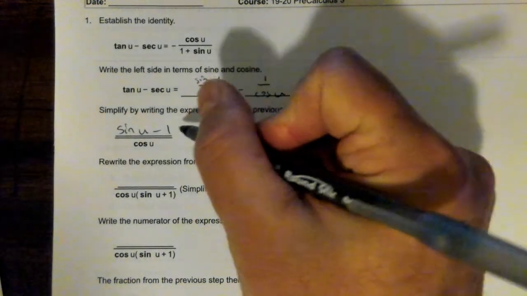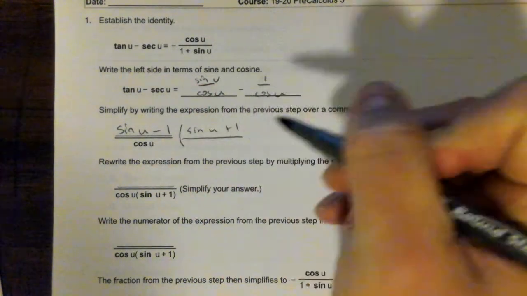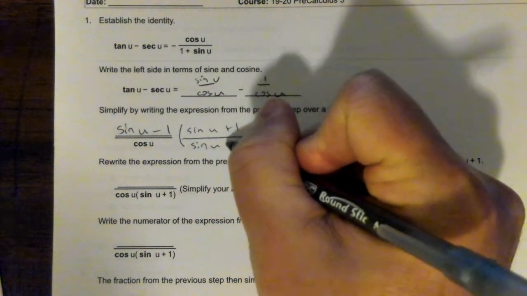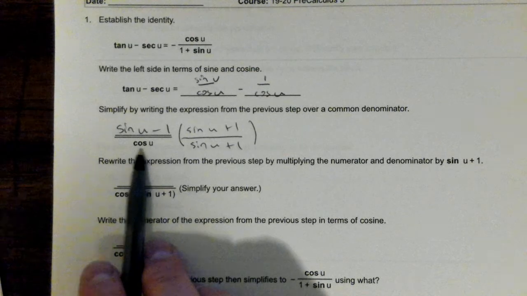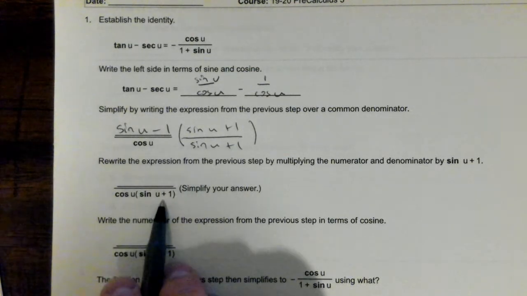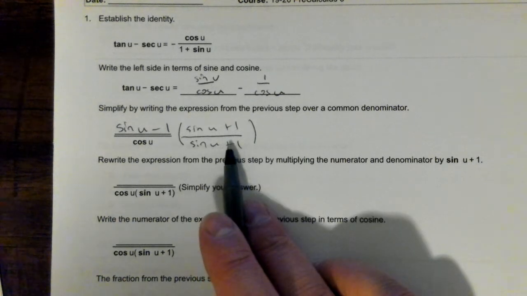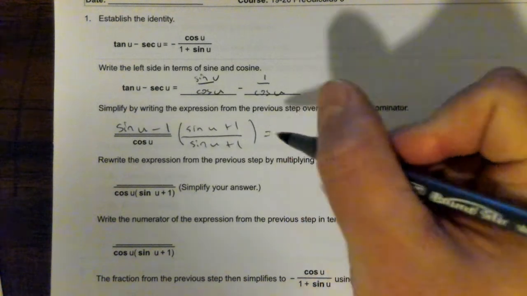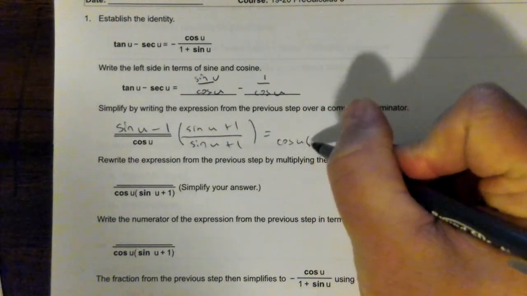So what you're going to do on this one is say sine u plus 1 over sine u plus 1. And they don't want you to distribute the denominator. They just kept it that way. But we do want to distribute or use FOIL on your numerator. So the denominator is going to stay the same.